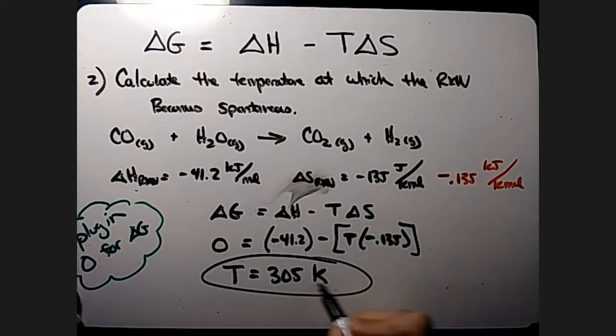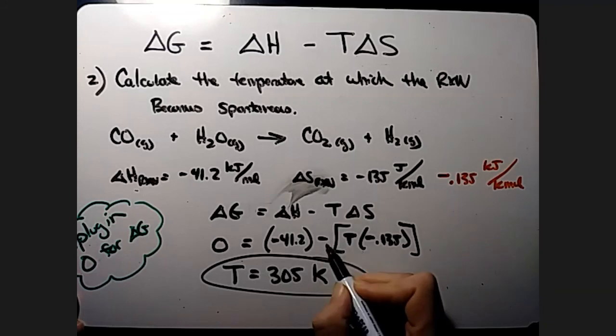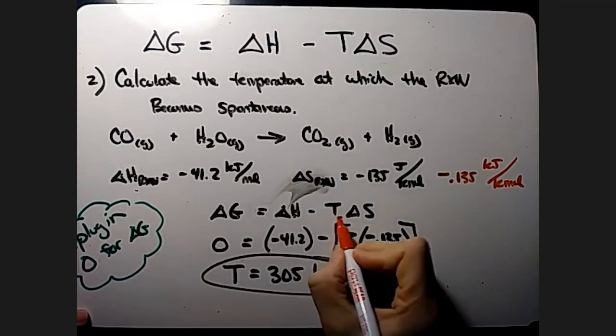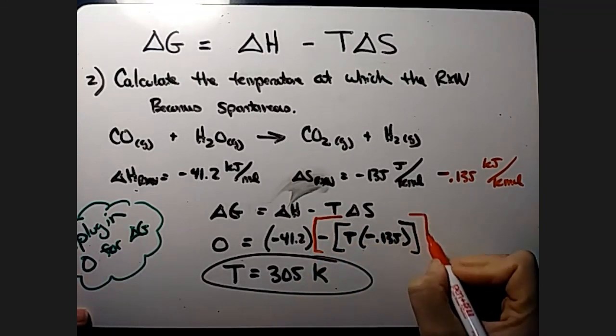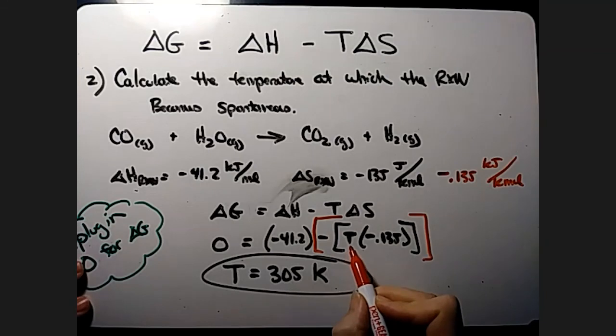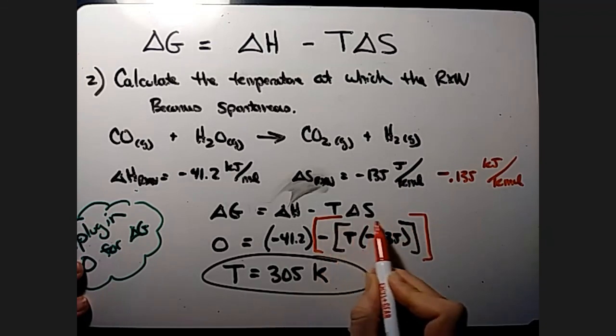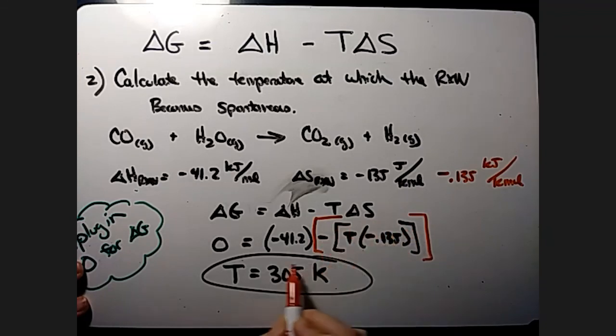At temperatures above 305 Kelvin, what you're going to find is that, right here, if we plug in huge values for our temperature, then this overall term becomes very, very positive, and it's going to overwhelm our negative enthalpy value.